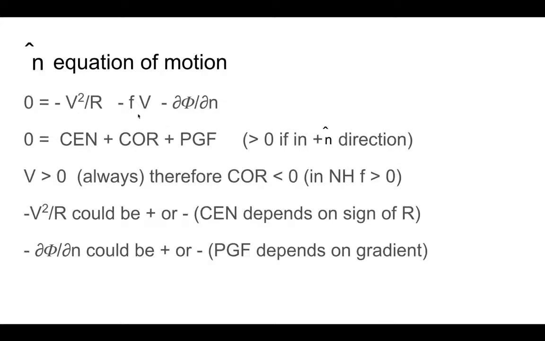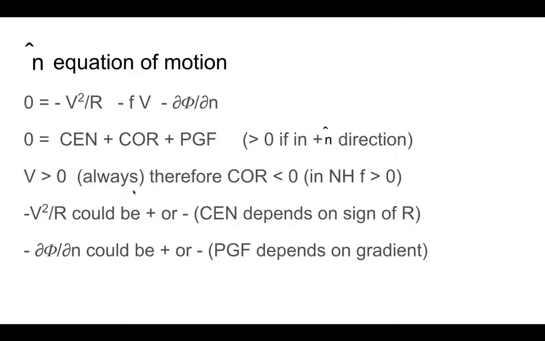Now, each one of these, even though there's a minus sign out front, will be considered positive if they are acting in the plus n hat direction. The velocity, the wind speed, will always be positive, or I guess it could be zero, but it cannot be negative.